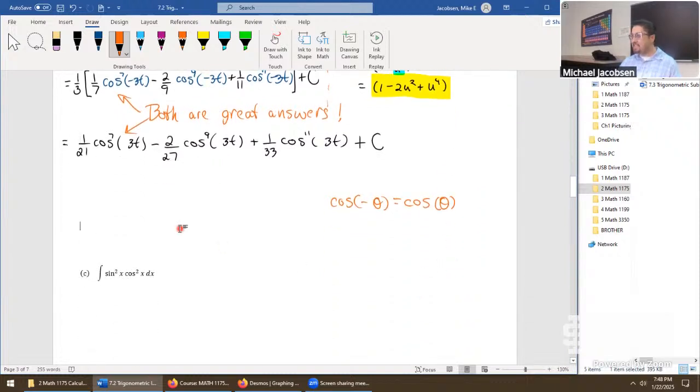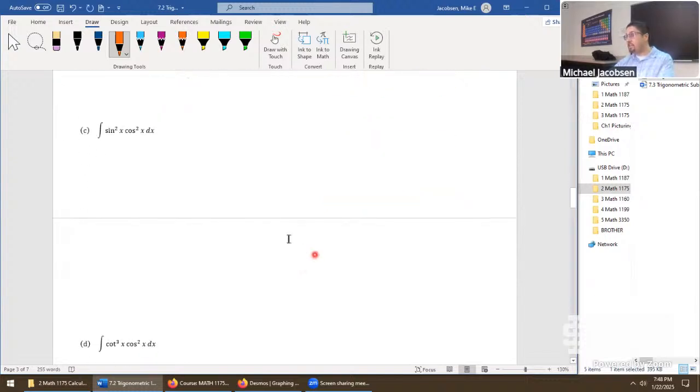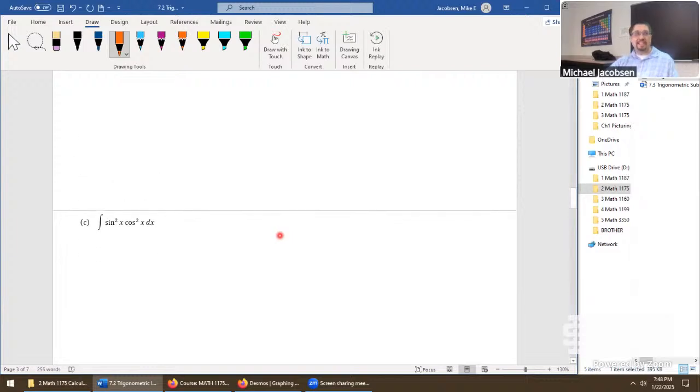This looks like it's the nasty one. We have an even factor of sine and an even factor of cosine. This tells us essentially that u substitution isn't even going to be effective in this problem. Let's write this down as a comment. Both powers are even.